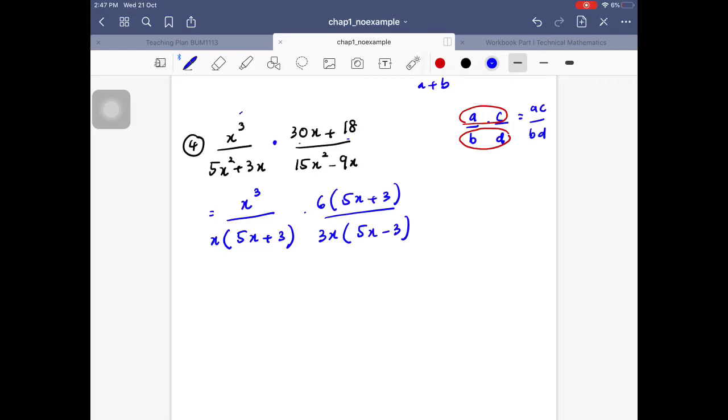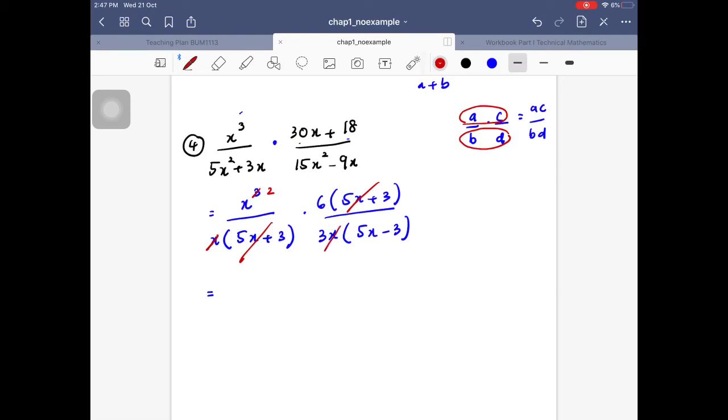So now I'm going to have a look at any factors that can actually be cancelled. So if I combine both of these, let me cancel first. Remember, the top can only be cancelled with the bottom. So this is 5x plus 3, and this is 5x plus 3 as well. When I cancel this, this is going to be 2.